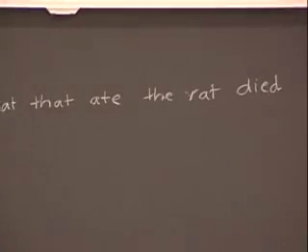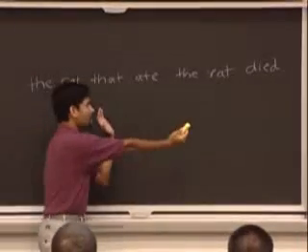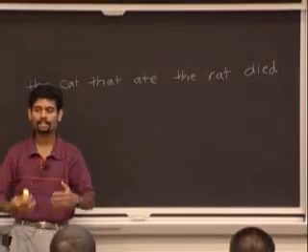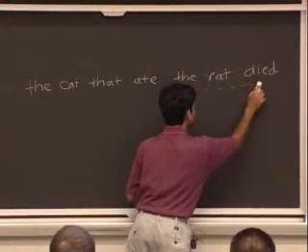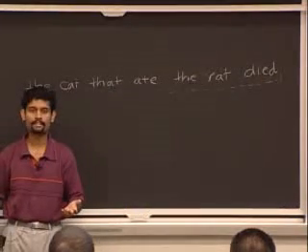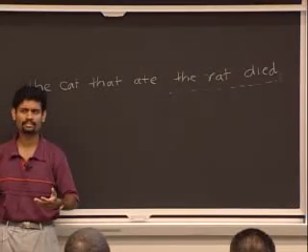Now, parsing is interesting because you can't just take a random substring of this and assume that it makes sense. For example, the rat died is not part of the semantic content of this sentence, right? When I say the cat that ate the rat died, that doesn't.